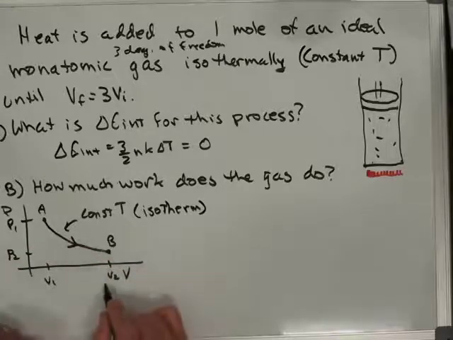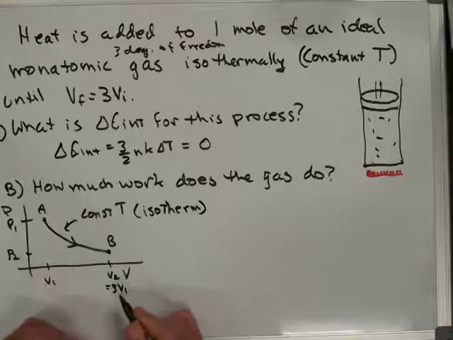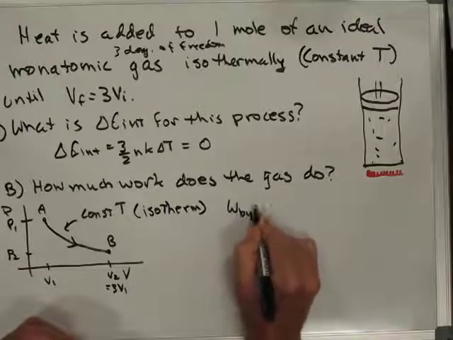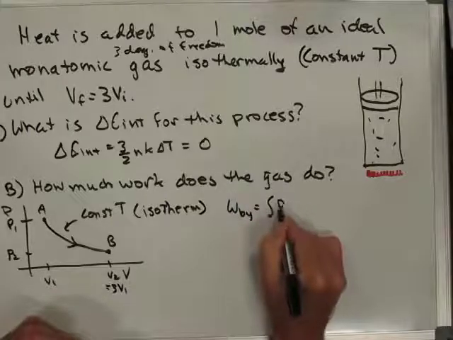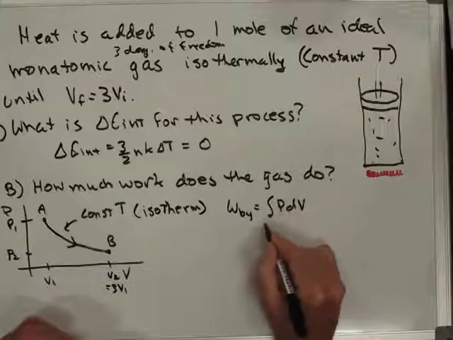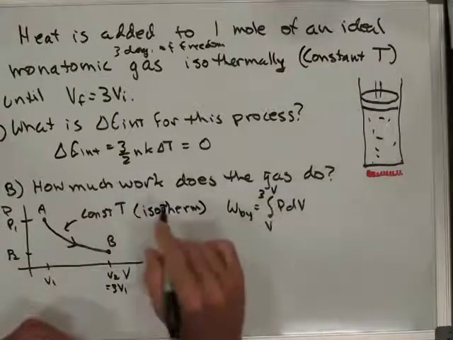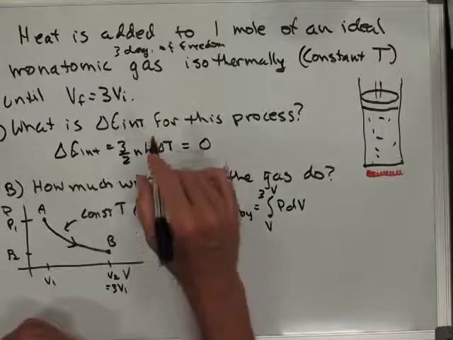And again, this is equal to 3V1, right? It's final volume. And so if we want to say the work done by the gas is equal to the integral of P dV from V initial to 3V initial, that's what we said.